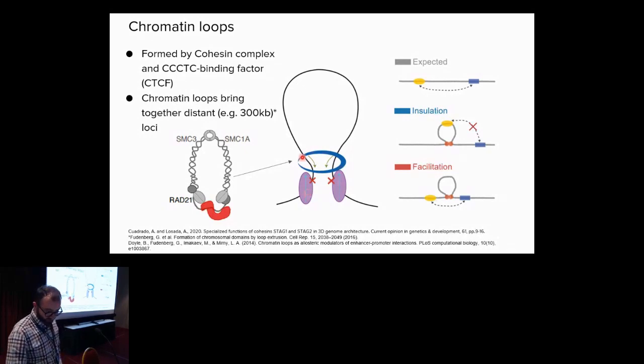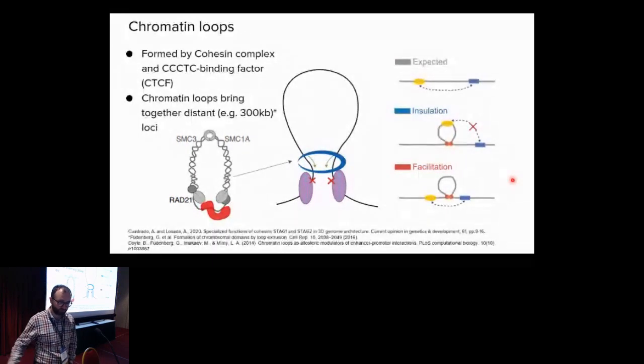Thus a stable loop is formed, and this loop brings together remote locations on the genome. This can be around a few hundred kilobases, and this structural change has functional implications. It can either insulate or facilitate, for instance, contacts between genes and promoters and so on.